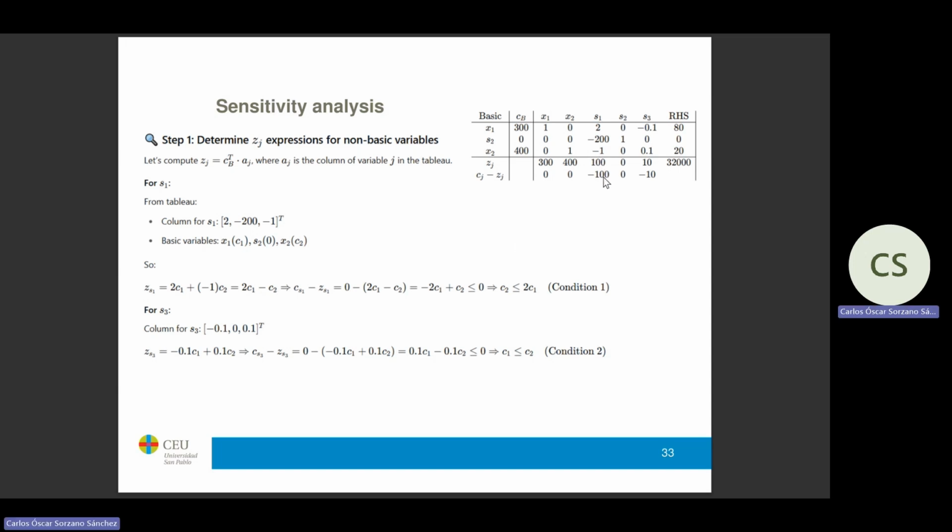And then what is this term here? This term here is the coefficient of this one, that is 0, minus this thing. So it is 0 minus (2C1 minus C2). And that gives you an inequality. And the same for S3. So you multiply C1 times minus 0.1 plus C2 times 0.1, and that gives you this thing. And then C minus Z is here, so that gives you another constraint.